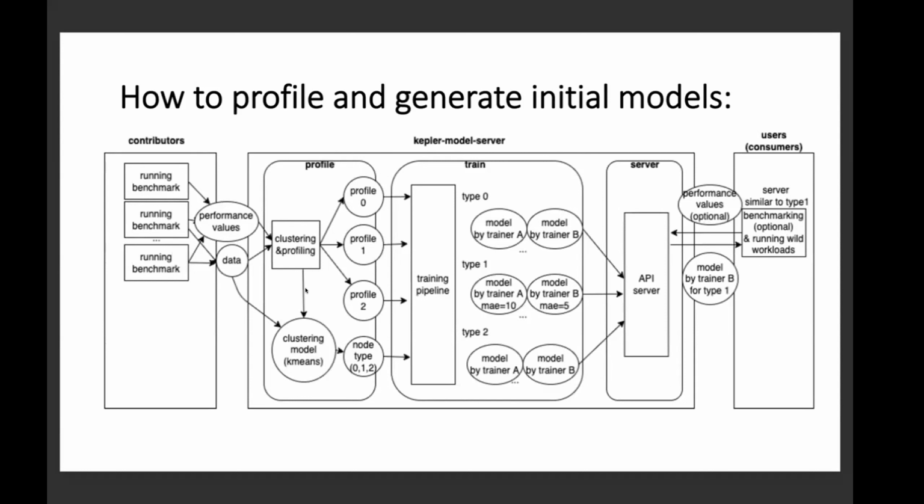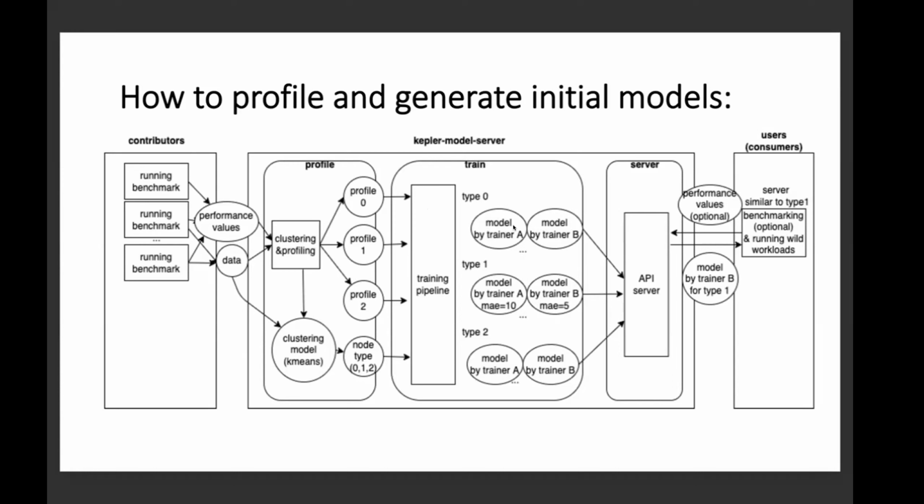And then we use that data for training the initial model for each type. To train the model, we have what we call a training pipeline. For each type of server, we create multiple alternative models, each trained in a different way.